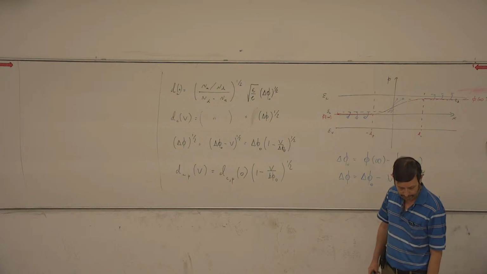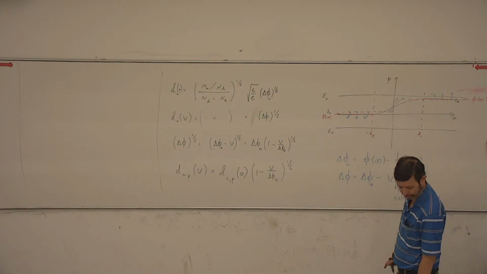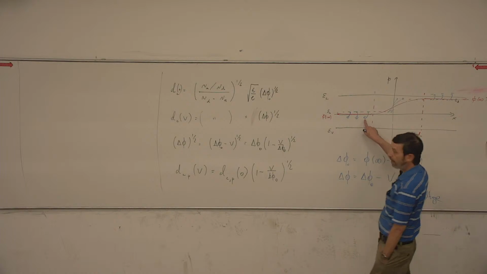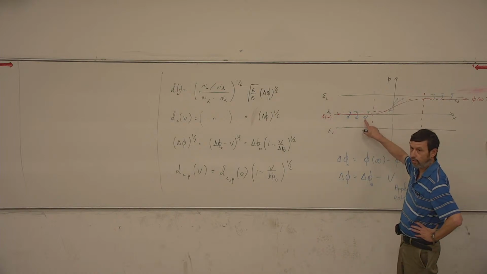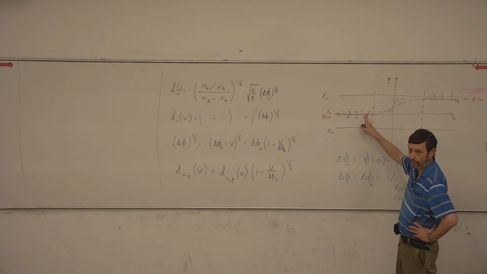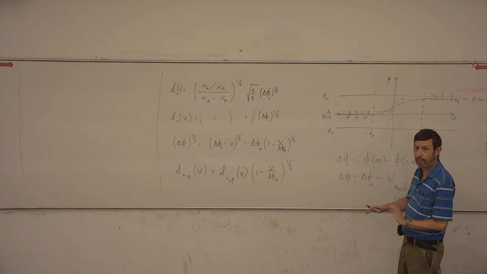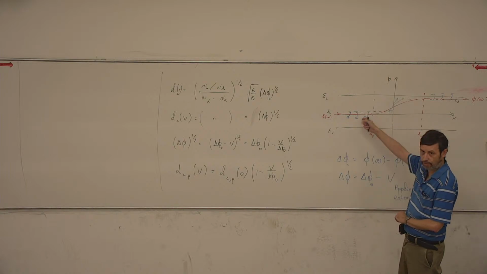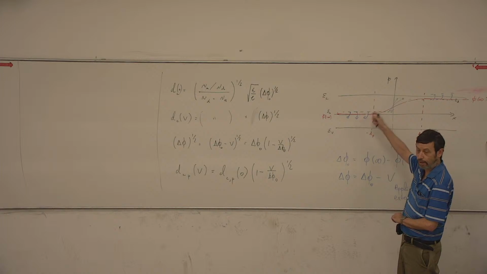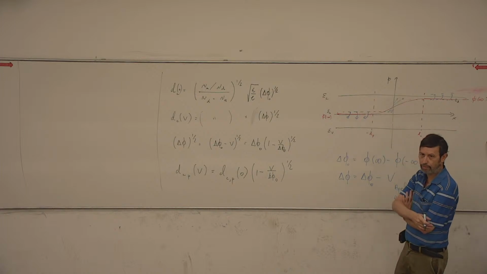And the second thing that can happen, I could have holes coming back from here and accumulating here. One of them is probable and one of them is improbable, right? One of them is going down the slope of the potential. The other one is going up the slope of the potential.